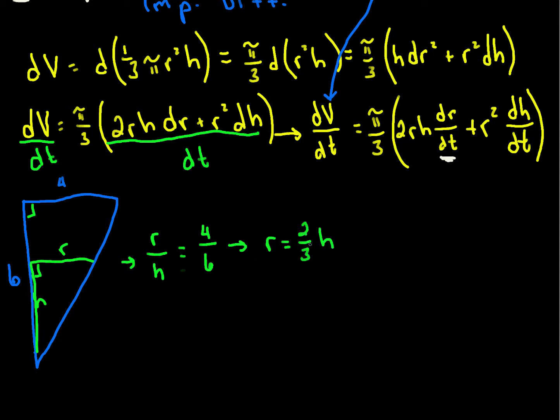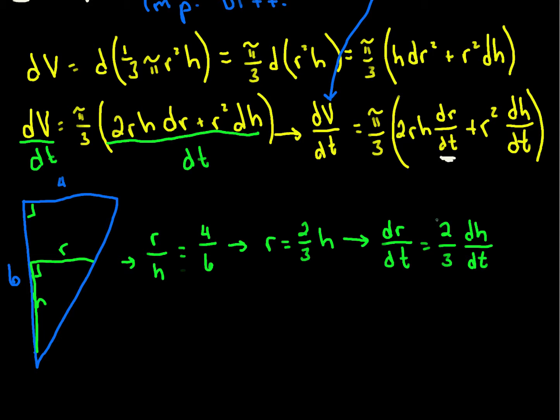So that's a relationship between r and h, and from that, I can take the derivative of both sides, so dr/dt is equal to 2/3 dh/dt. So now the rate at which the radius changes over time is related to the rate at which the height changes over time.